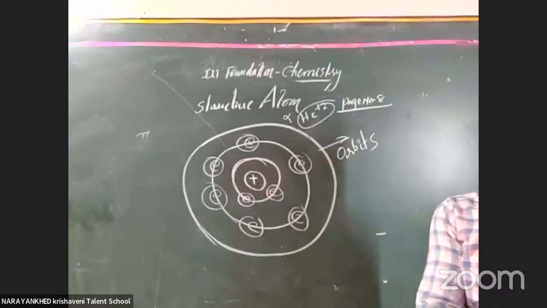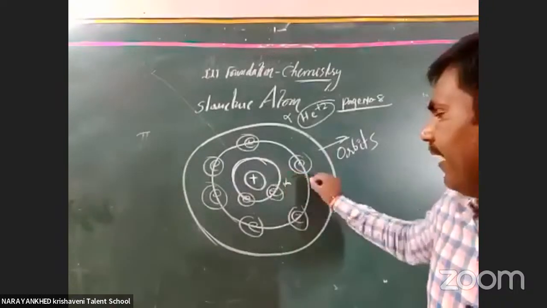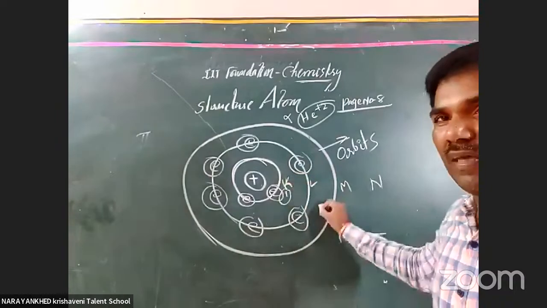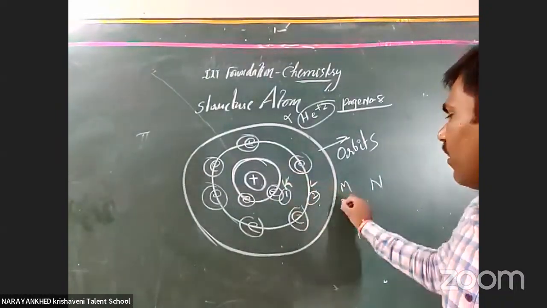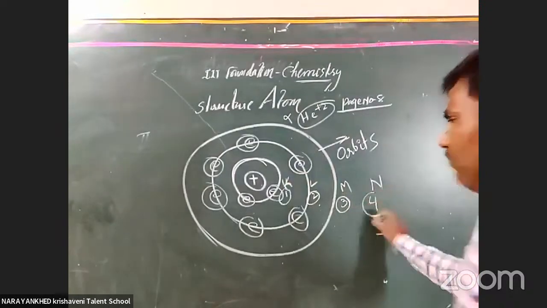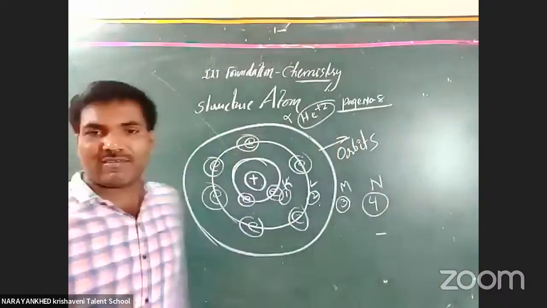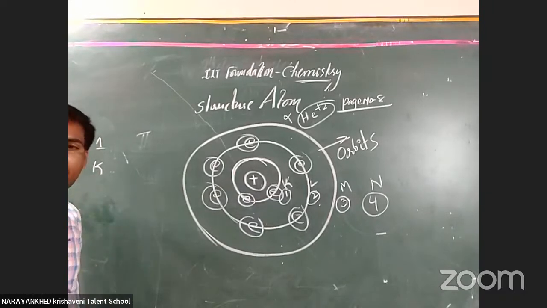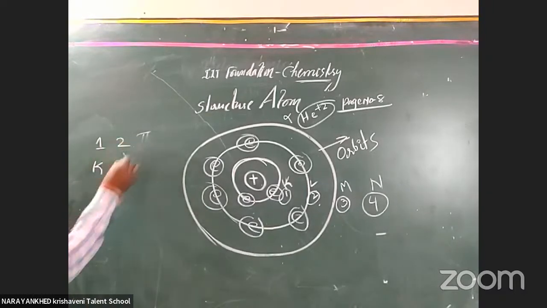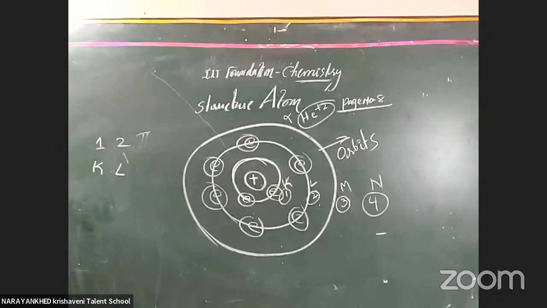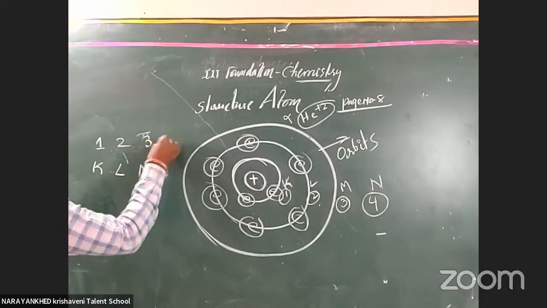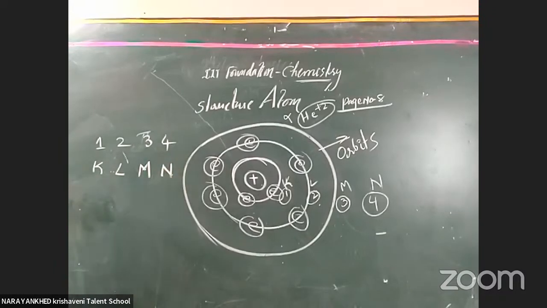They are named K, L, M, N, like that. The first orbit is named K, the second orbit L, the third orbit M, the fourth orbit N. The path, the road of the electron, in the first orbit is called K. The second orbit is taken as L, the next third orbit as M, the fourth orbit as N. Understand all of you?